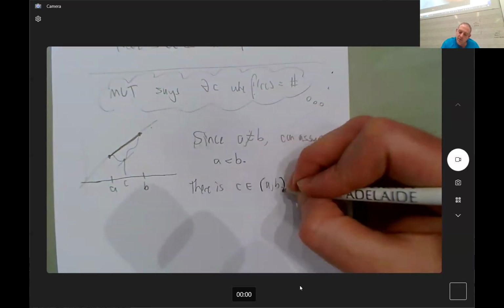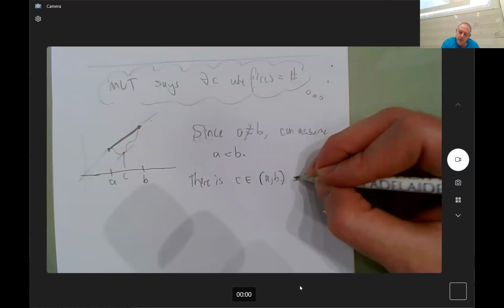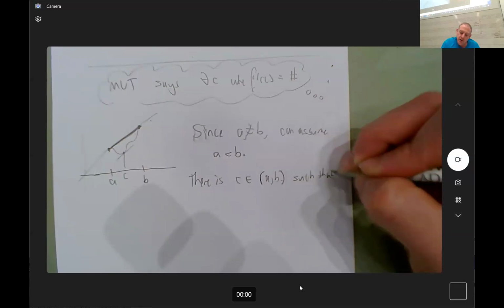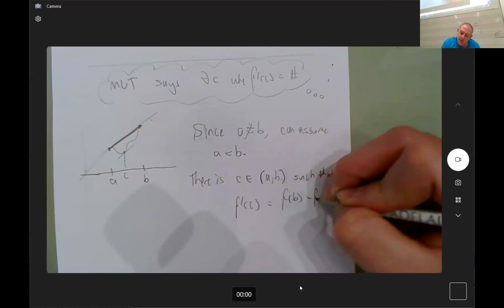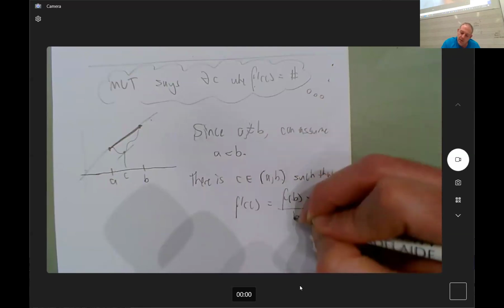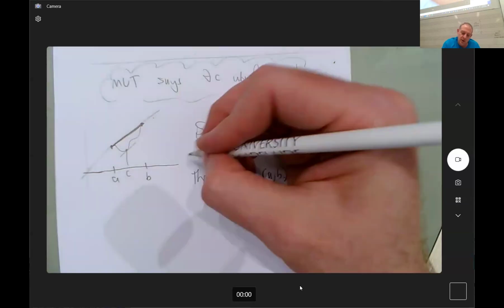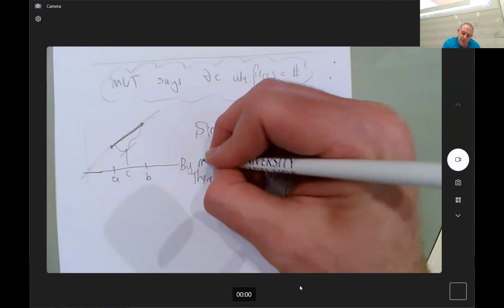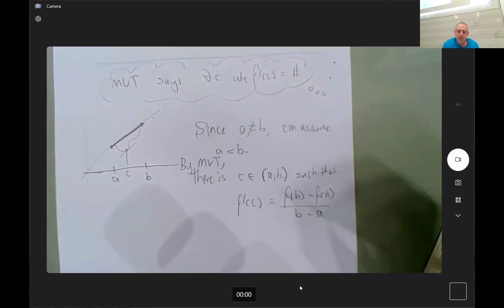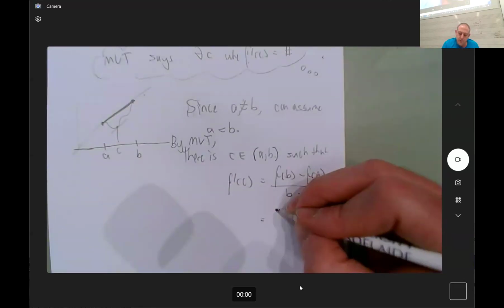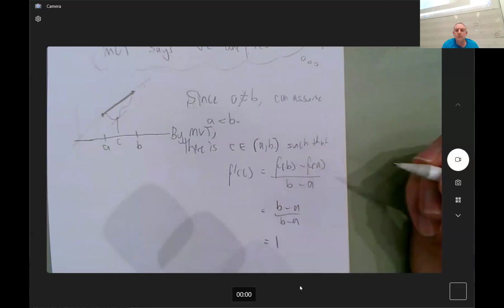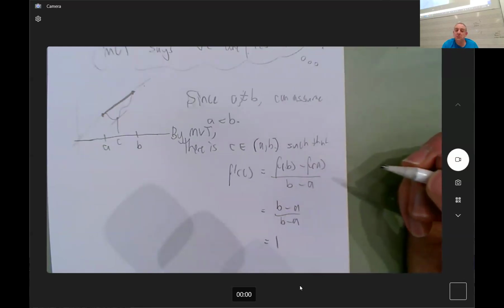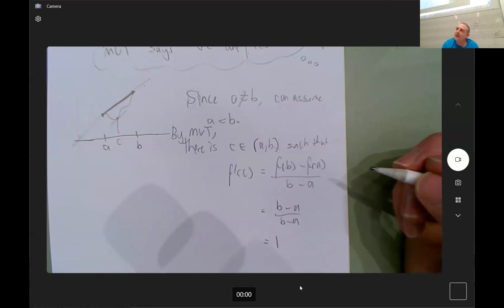In the open interval from A to B, such that f dash of C is f of B minus f of A over B minus A. So that is by the mean value theorem. And that is B minus A over B minus A, which is 1. Cool. How unsatisfying.